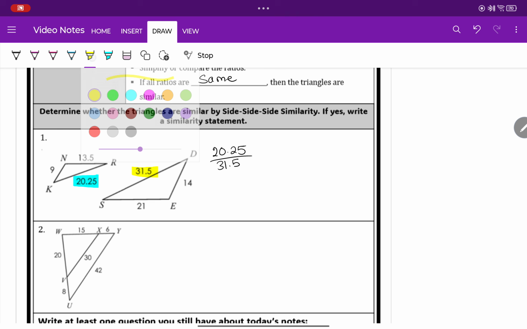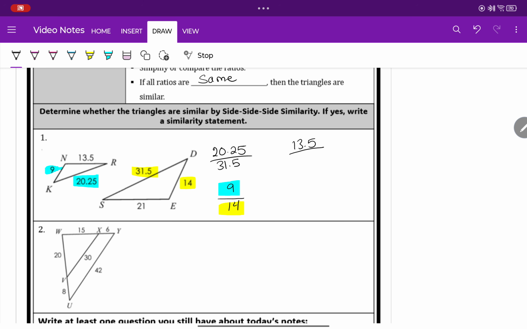I'm then going to go to my smallest sides, and I'm going to go ahead and write those out. So I'm going to write 9 over 14 for my next ratio. So I have 9/14, which leaves 13.5 over 21.